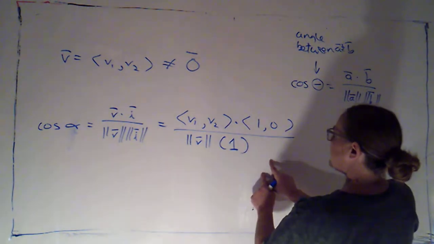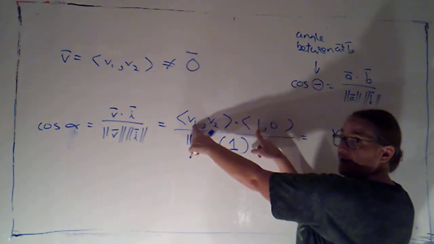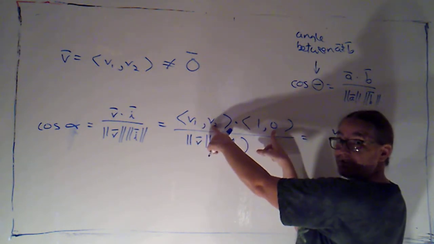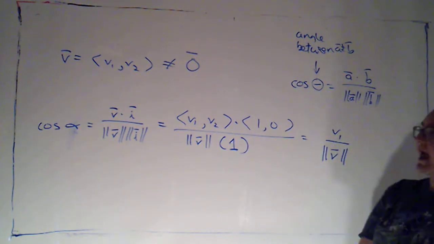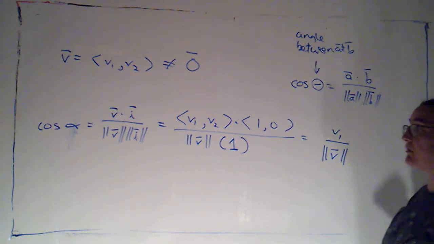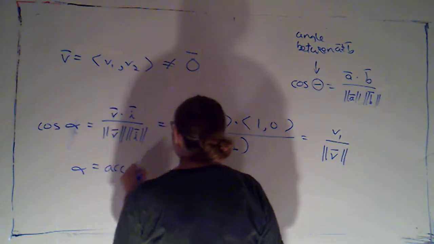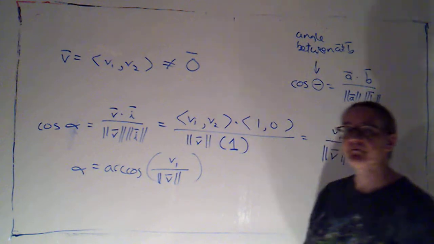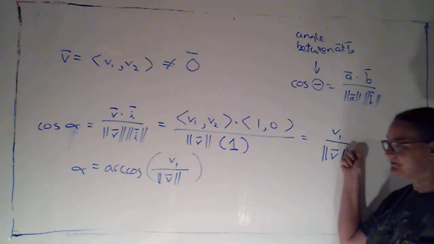And when I work out this dot product, I'm just going to get V1, because the first components multiply to V1, the second components multiply to 0, so that drops out. So I'm just getting V1 over the magnitude of V. So that's cosine of alpha. Of course, that means that alpha then is inverse cosine of V1 over the magnitude of V. So that's my direction angle, that's my direction cosine.